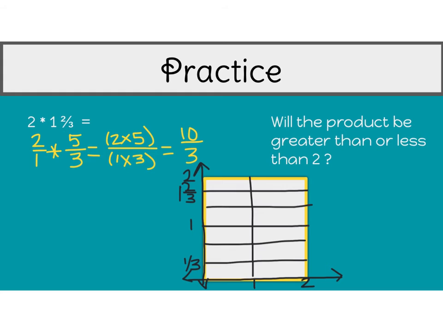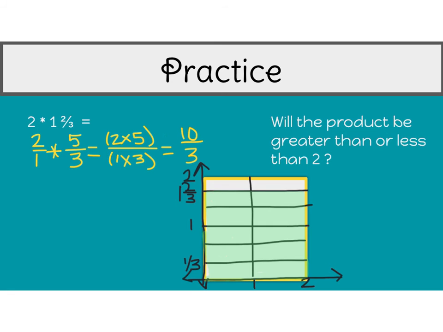So we would then go about shading in where those factors line up. I'm going to go over to my whole number 2, and I'm going to go up to 1 2/3. And then I'm going to shade all of that in, because that is what we would do to represent this in an area model. So when we take a look at the shaded portion, we have a total of 2, 4, 6, 8, 10.